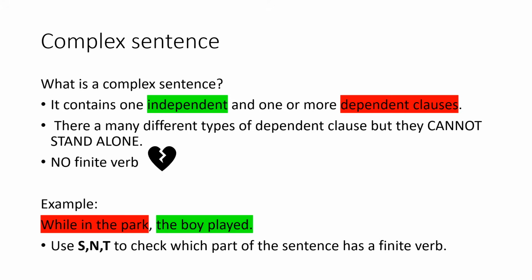No, we do not know how many subjects are in this particular part of the sentence. And does it have a tense? Yes, no, we could argue. But at the end of the day, we realize that the first part of the sentence is the dependent or subordinate clause. The boy played, we know, is an independent or main clause. By combining these two parts of the sentence, we create a complex sentence.